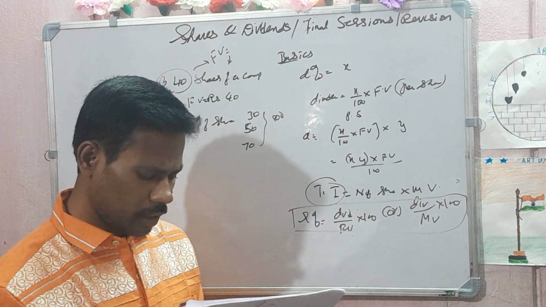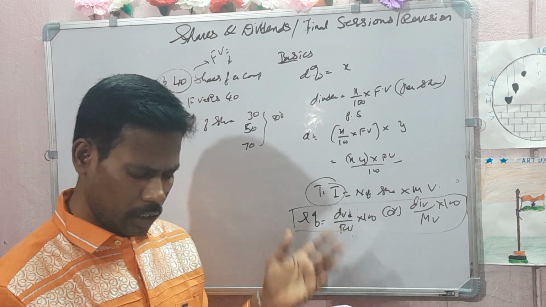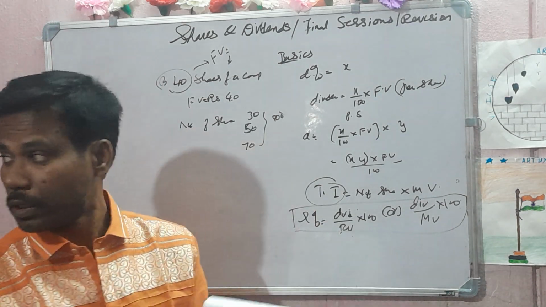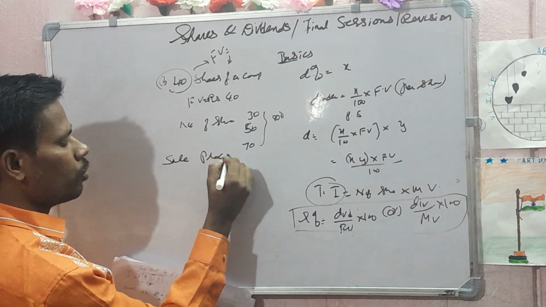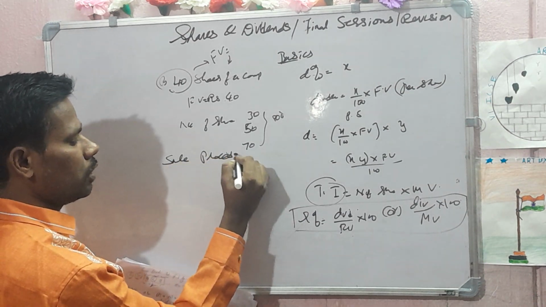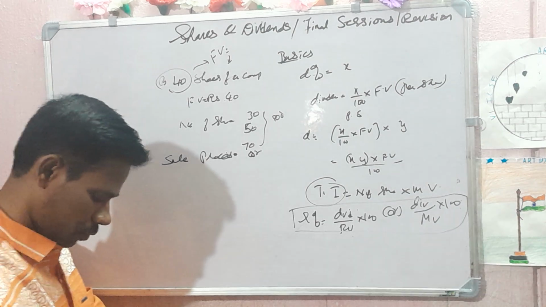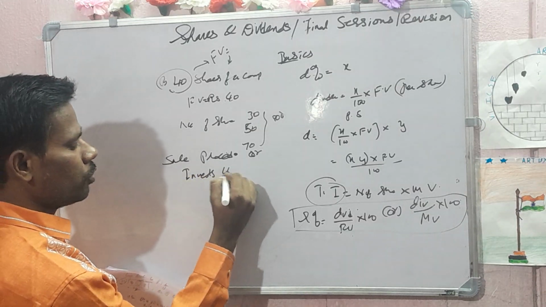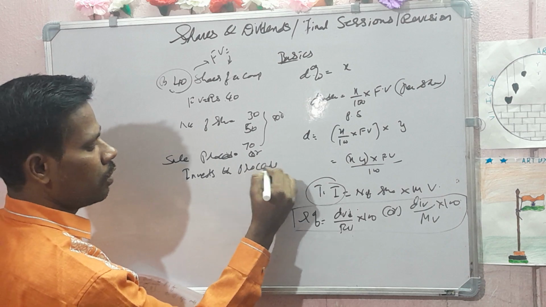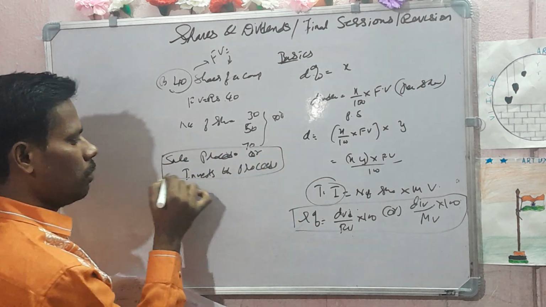These are all the basics which I have covered, and we did so many problems. And sale proceeds. What is sale proceeds? Again, this word is very important. Sale proceeds or invest the proceeds, these are the two very important words.